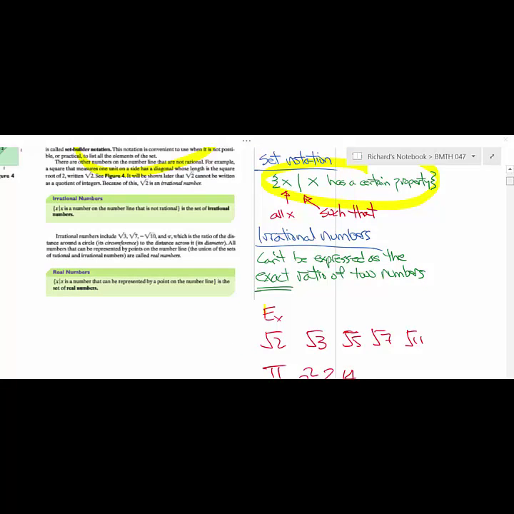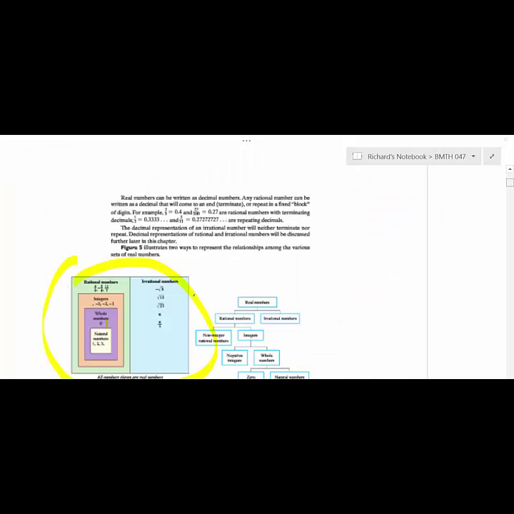It turns out that all these numbers are real numbers, and real numbers include natural numbers, whole numbers, integers, the rational numbers, and also the irrational numbers. Now, there's a graphic in your textbook that deals with this. The way that you categorize numbers, if you want to sort them: the natural numbers are in the inner box. The natural numbers are contained in the box of the whole numbers.